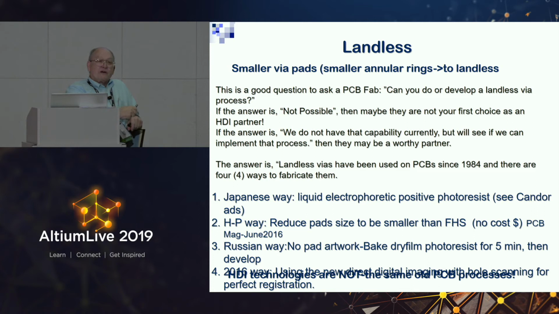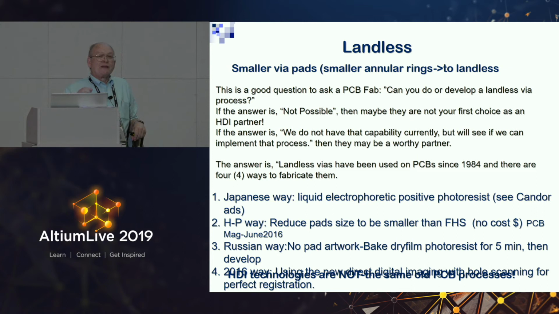That works in North America, but it's different because that uses what we call a liquid electrophoretic positive photoresist. Anybody ever heard of that? No. Well, guess what? It's a semiconductor photoresist, so it's good down to about 12 micron geometry. It's electrophoretic.